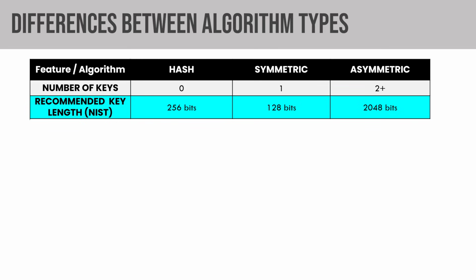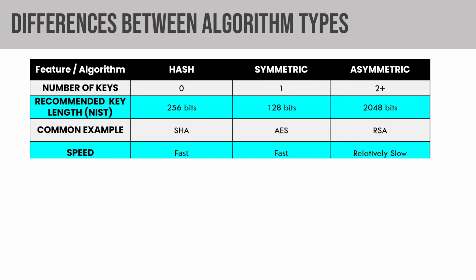Yeah, so I know right off the top of my head, AES is a common example there, and AES has a 128-bit key. RSA is a common asymmetric algorithm. SHA, the SHA family, are common hash algorithms. SHA, secure hash algorithm.